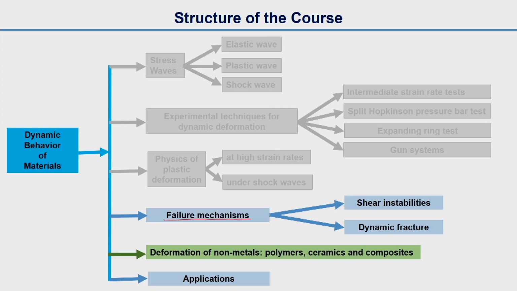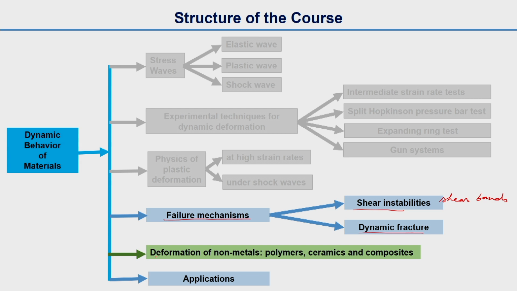After that we will talk about failure mechanisms that we already discussed in the previous lecture, shear bands and dynamic fracture. We have seen that the crack can branch in dynamic fracture, and crack propagation velocity has a limiting value, which we already discussed and will discuss in detail in the later part of this course.